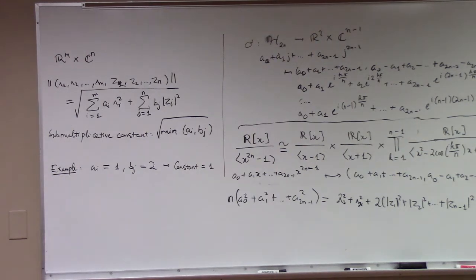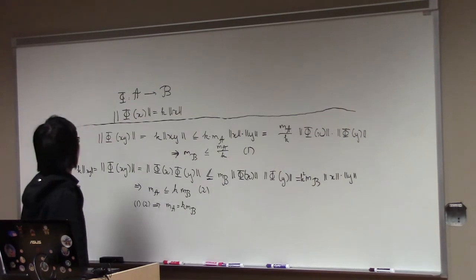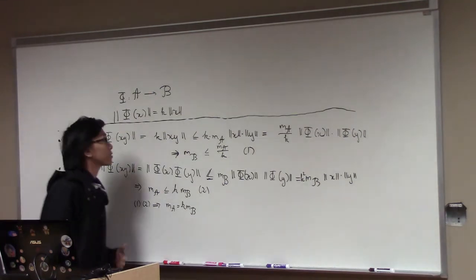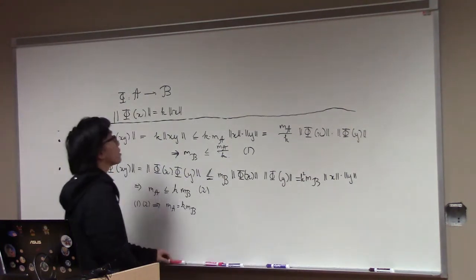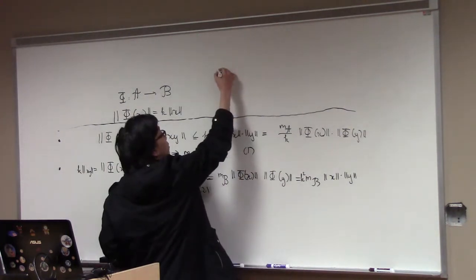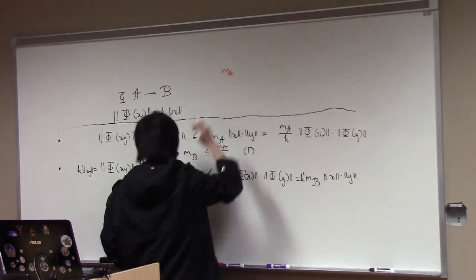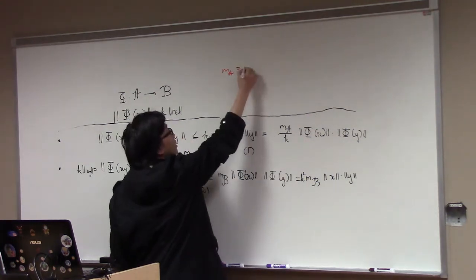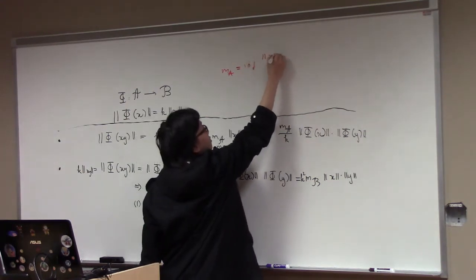So what are A and B? A and B are algebras, associative algebras over a real or complex field. Okay. So the first thing I want to talk about is the submultiplicativity constant for an algebra. It's something like the smallest real number such that you have a product rule.